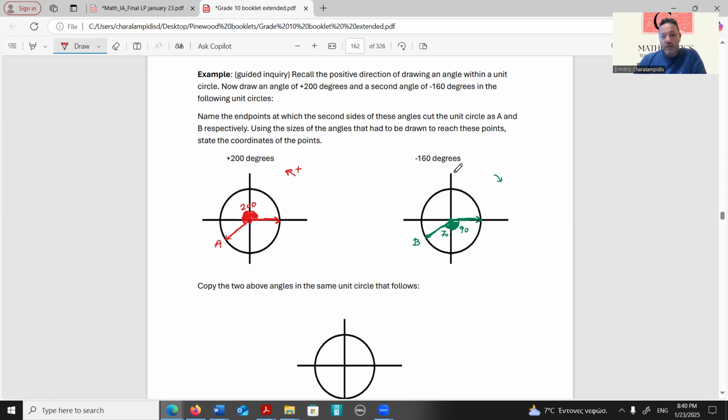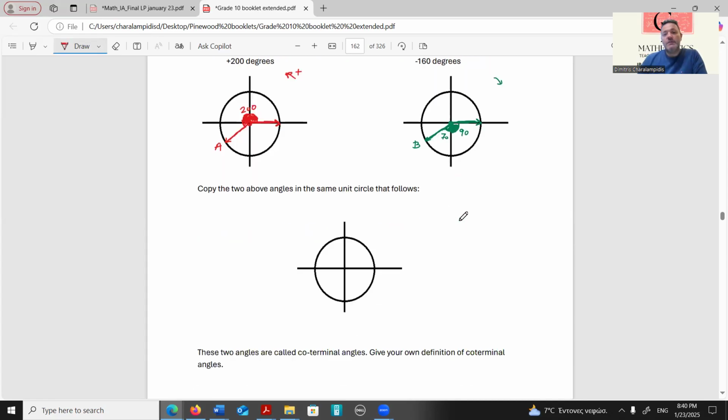Copy the two above angles in the same unit circle that follows. Okay, let's do this as well. We have the 200 degrees, and now let me explicitly write them. 90 degrees, another 90 degrees takes us up to 180, and then 20 degrees.